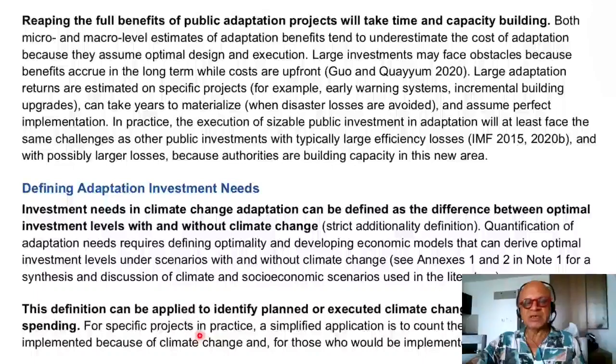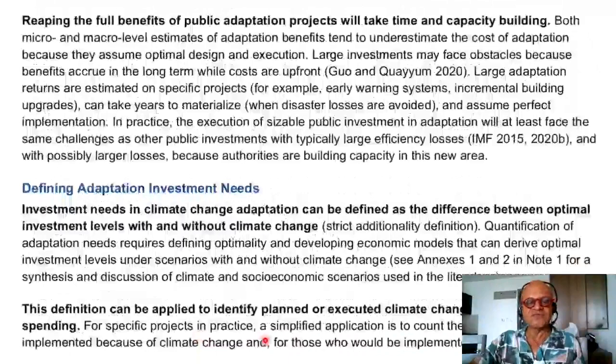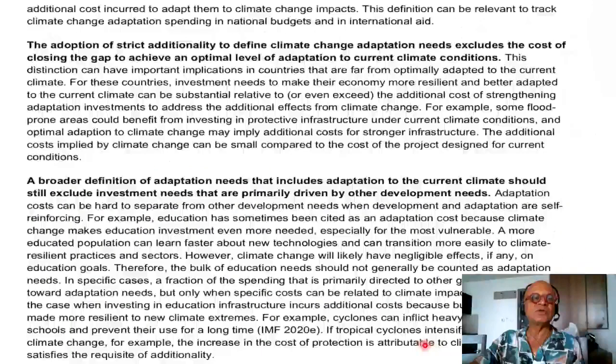This definition can be applied to identify planned or executed climate change adaptation spending. Okay, to read that, for specific projects in practice, a simplified application is to count the projects that are only implemented because of climate change, and for those who would be implemented anyway, to count the additional cost incurred to adapt them to climate change impacts.